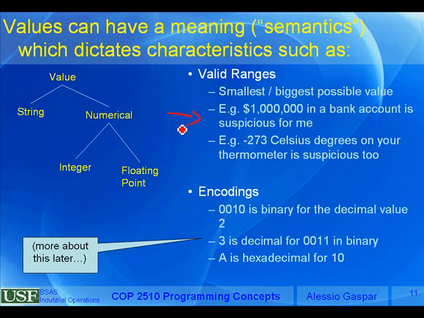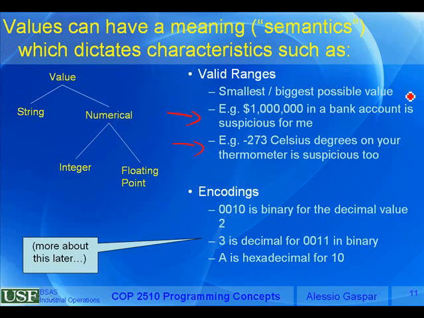Same thing for temperature. You talk about a value of minus 273 Celsius degrees. If this occurs on your thermometer, this is something weird. So my point here is that for each data type in real life, you have meaning attached to it, and you have ranges attached to it.